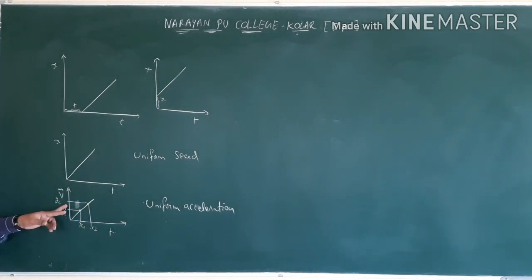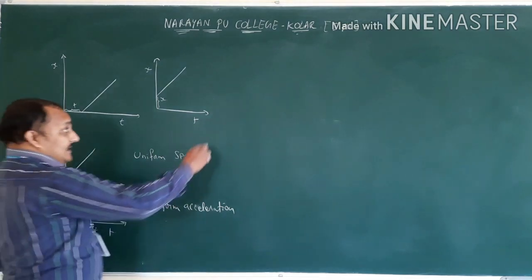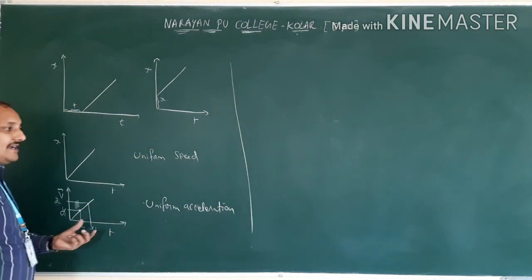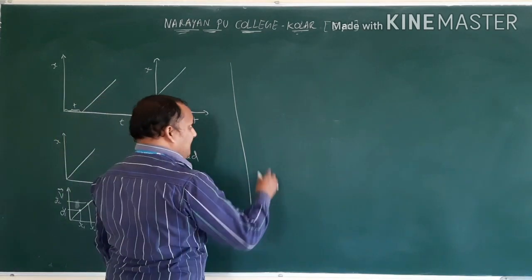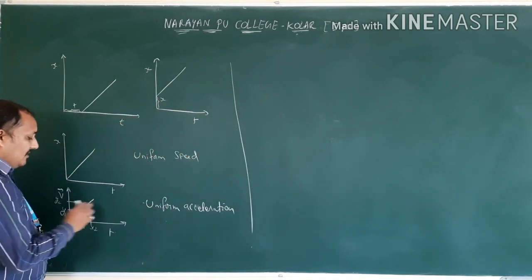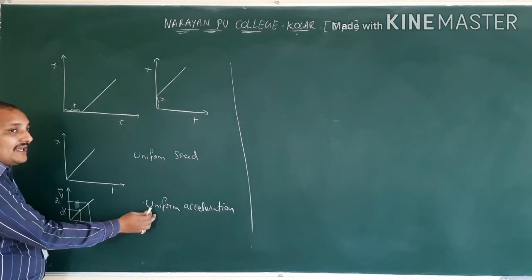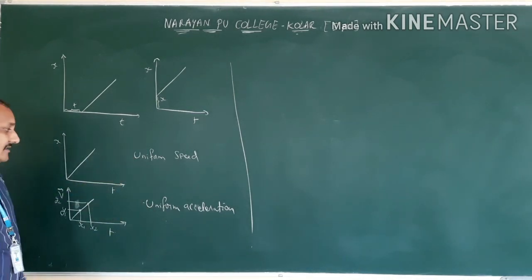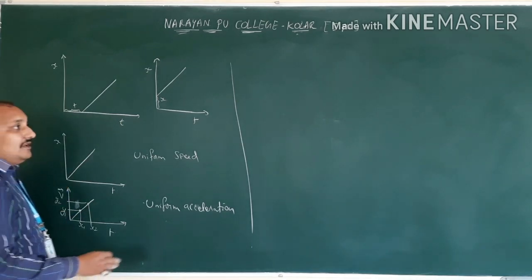The y2 value is more, so if you find y2 minus y1 by x2 minus x1, you will get positive slope. Same graph. Why I gave this graph, you will understand in the next upcoming video. So this is nothing but the velocity time graph for a uniformly accelerated object. This is the position time graph for uniform velocity. This will have positive slope.